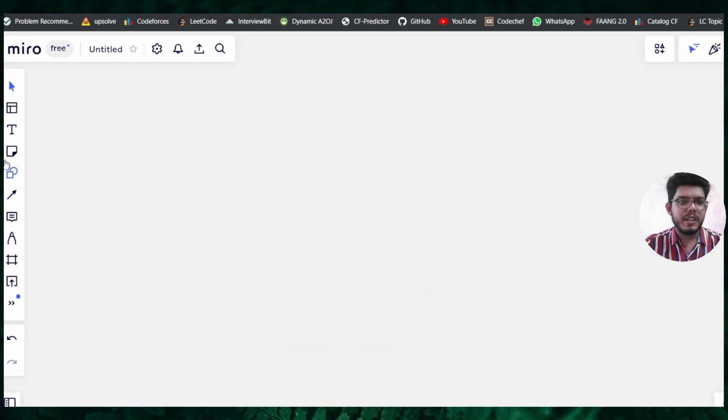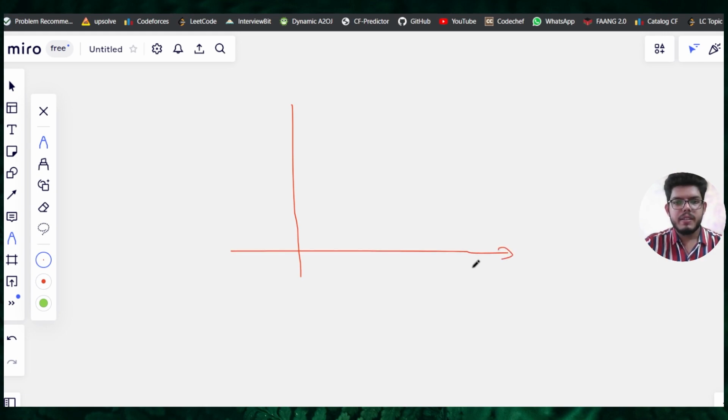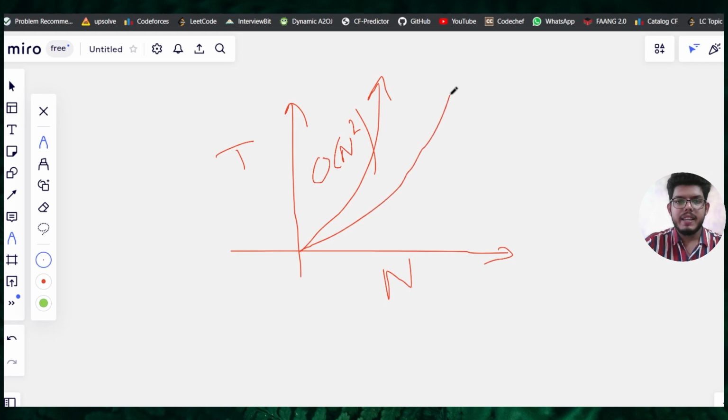So if we plot a time versus input data graph, so basically this is my time versus input data, that is n graph. This would be the Big O of n square curve, right? So this is a quadratic curve, and the previous expression which we had, that is Big O of an square plus bn plus c, right? So this will be the curve for the previous expression.